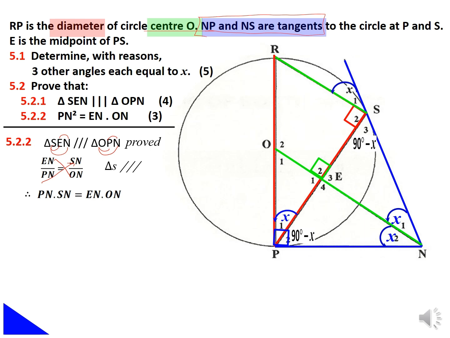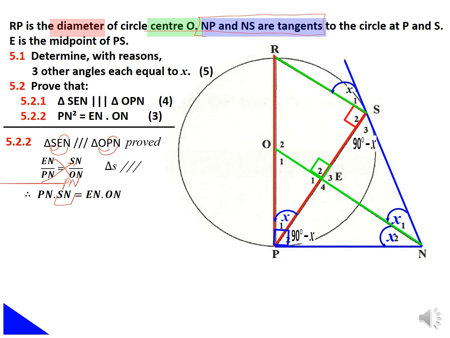So that means line PN and line SN are equal to each other because tangents from the same point are equal. So we remove this SN and replace it with PN, such that PN times SN becomes PN times PN, which is equal to PN squared.